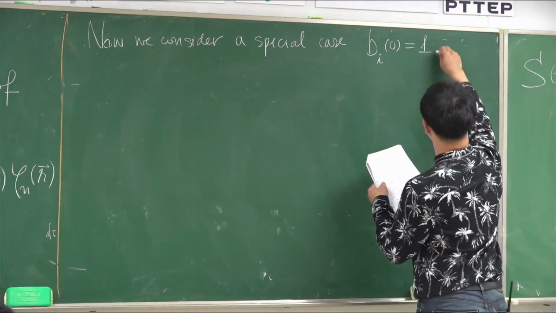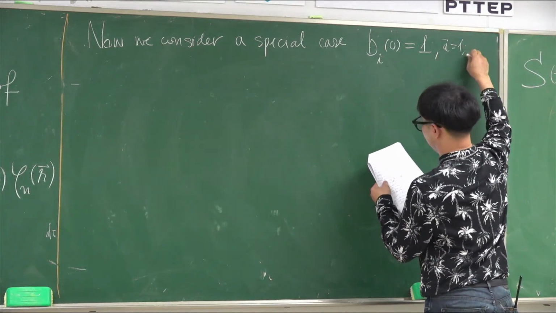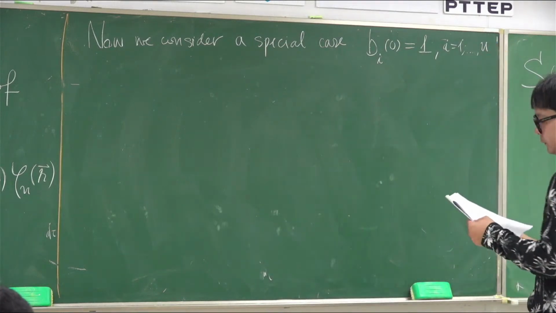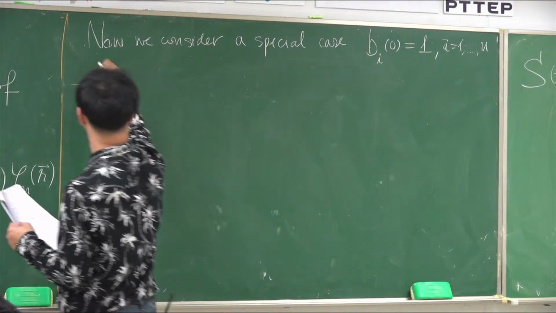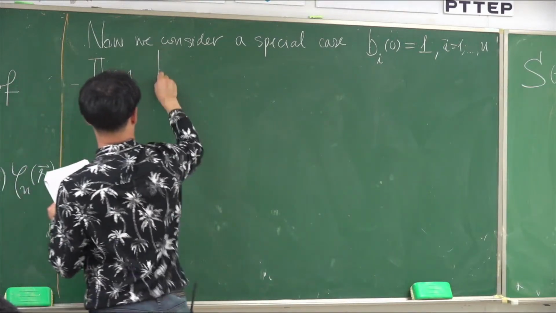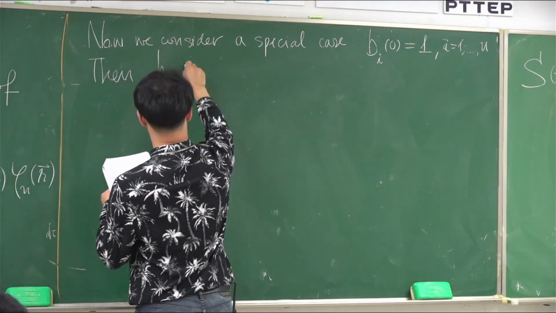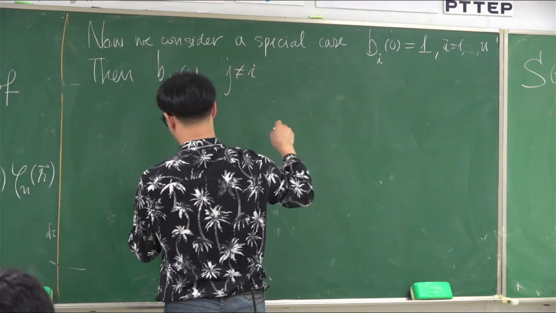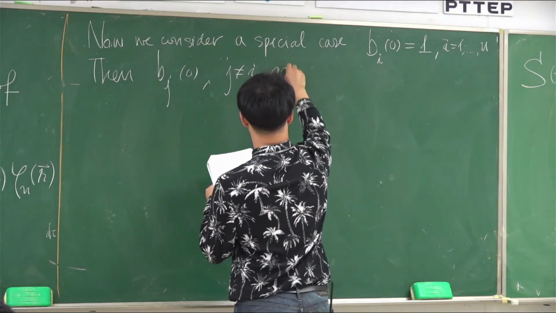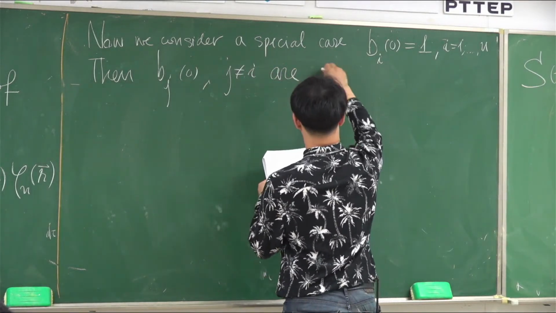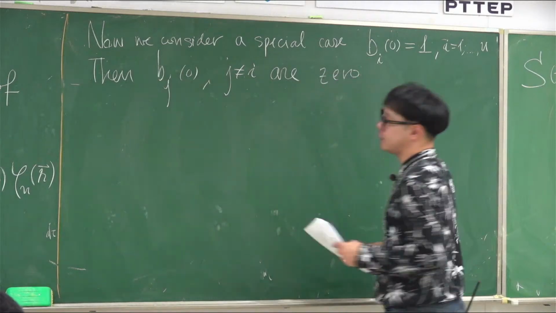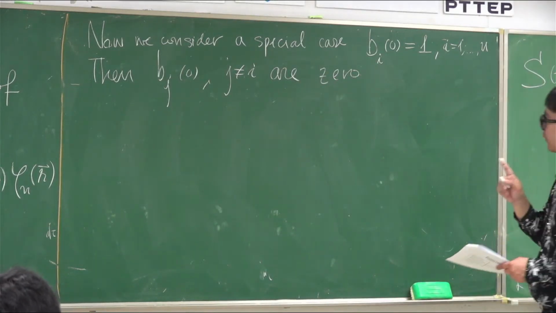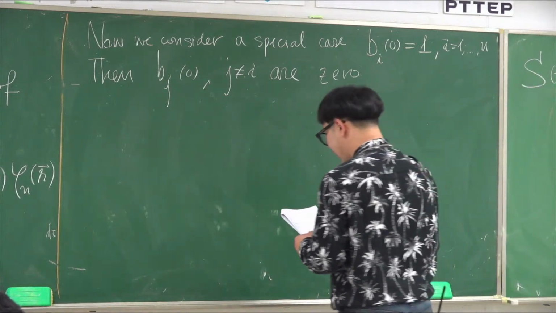Then for b_j, they are all 0. There is only one b that survives under these conditions.